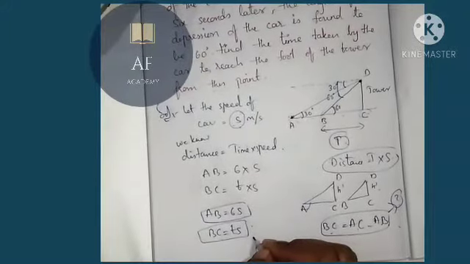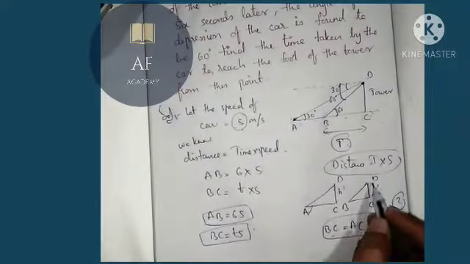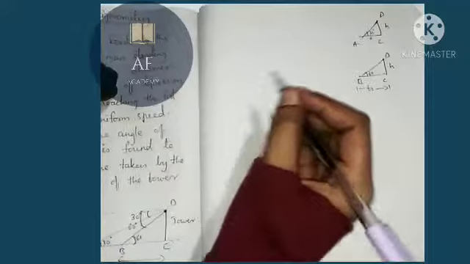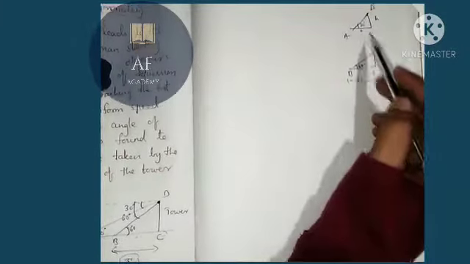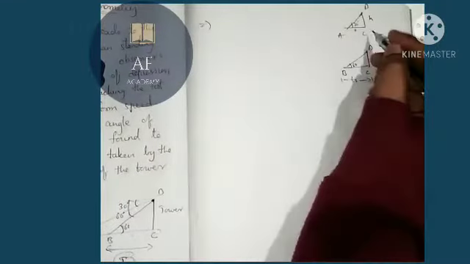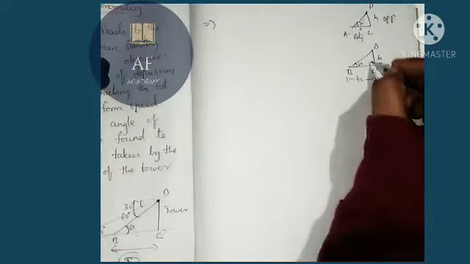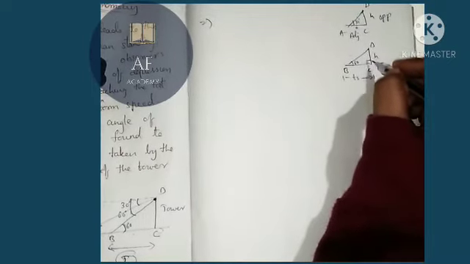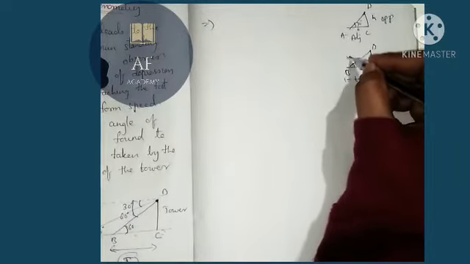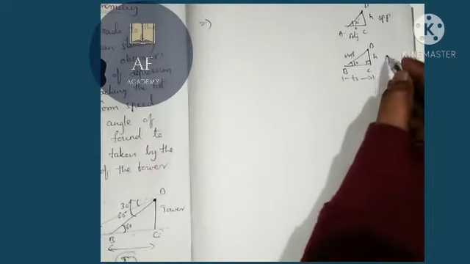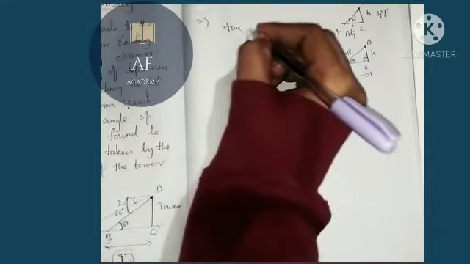Now what we will do, we will consider the two triangles, triangle ACD and BCD. Here I have drawn the two separate triangles. Here this is the opposite side and this is the adjacent side; opposite to 90 degrees is the hypotenuse. So we are taking opposite and adjacent, that means we have to use tan theta.